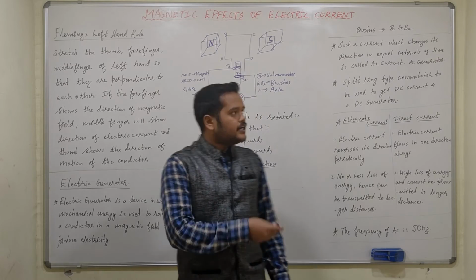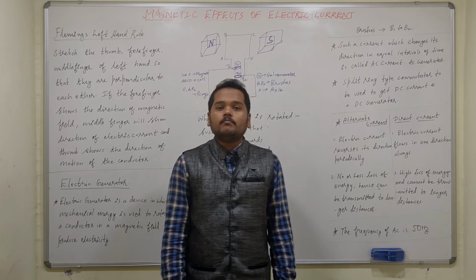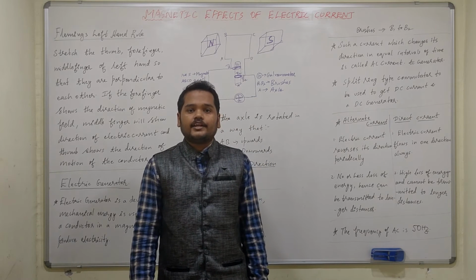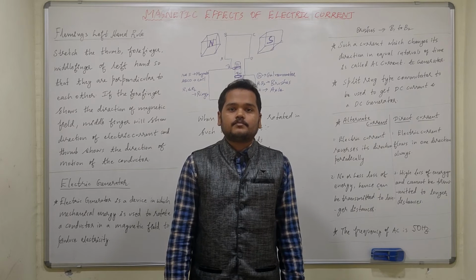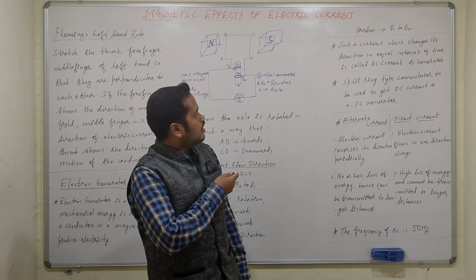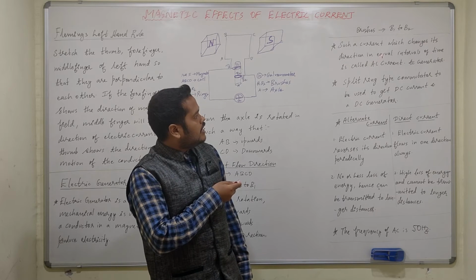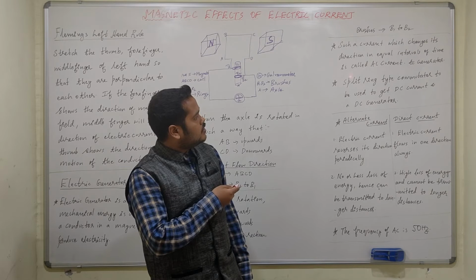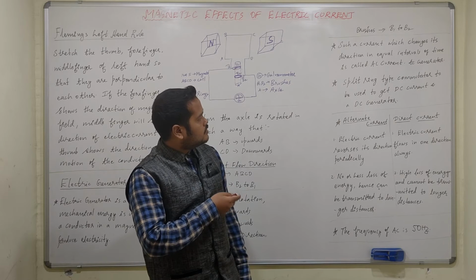So if you use split ring in this setup, the same generator will become a DC generator because it gives a DC current. Such a current which changes its direction in equal intervals of time is called AC current, and the generator is called AC generator.